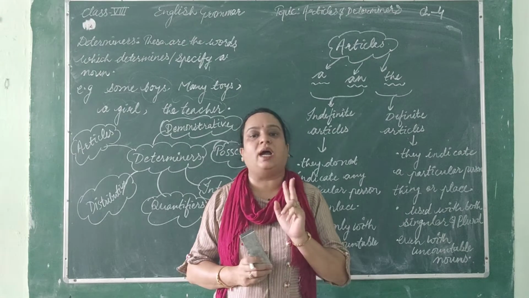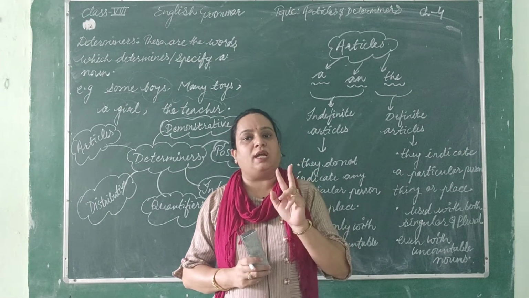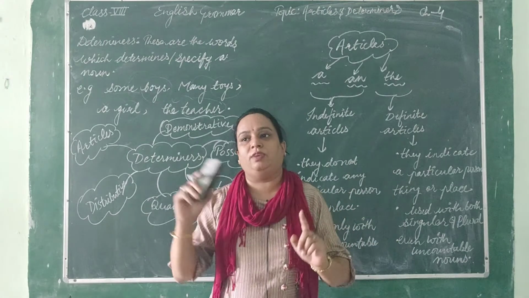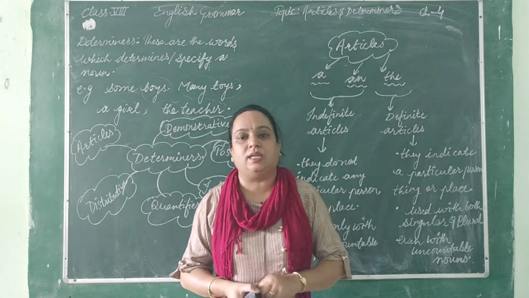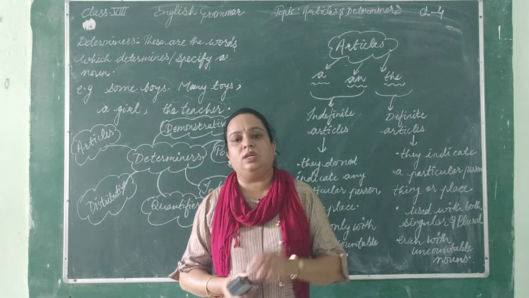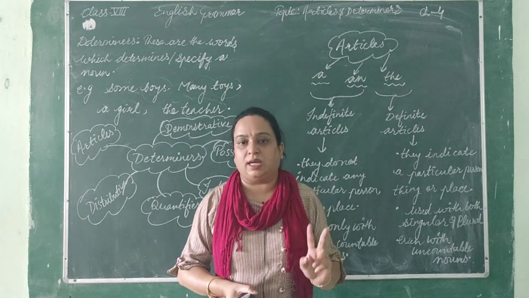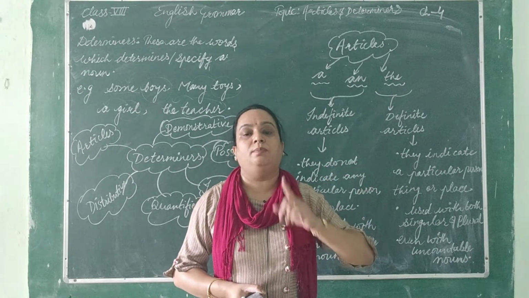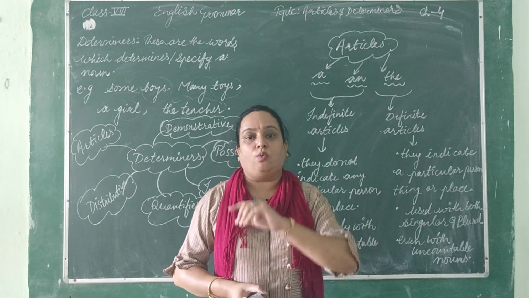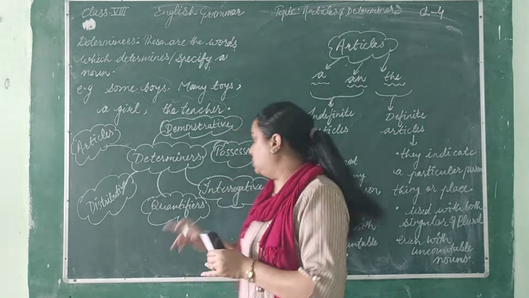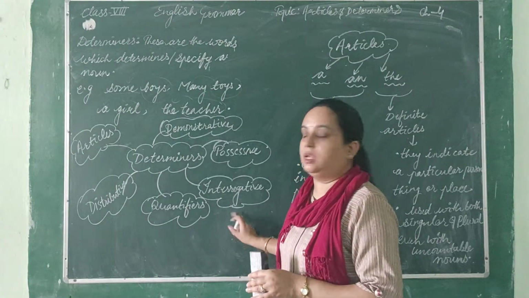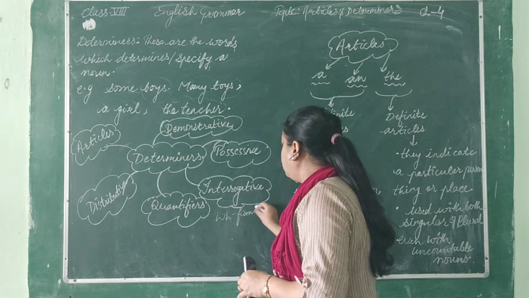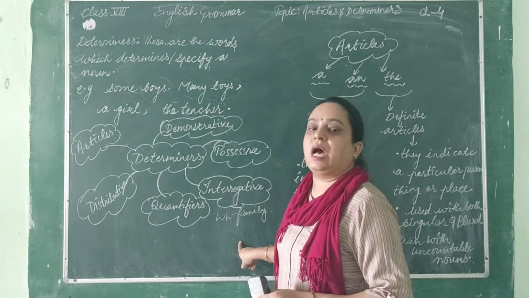We have two kinds of questions, two kinds of interrogatives. We did that earlier in chapter number 1, sentences. The first one we have to use here is WH family words, which we use as interrogative determiners.